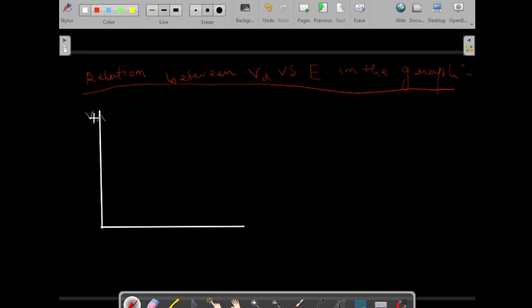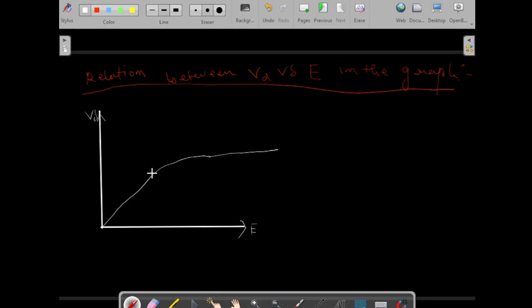We put Vt on this axis and E on this axis. For smaller field, Vt is closer to E, and for medium field, Vt moves closer toward E, then it becomes constant in larger field.